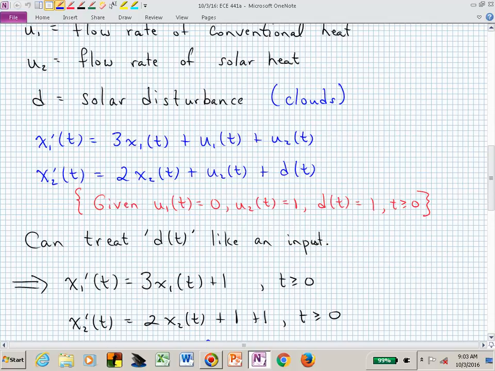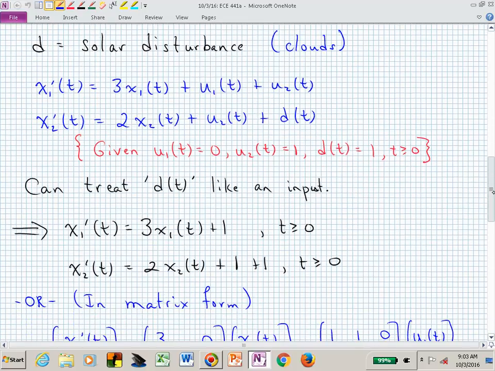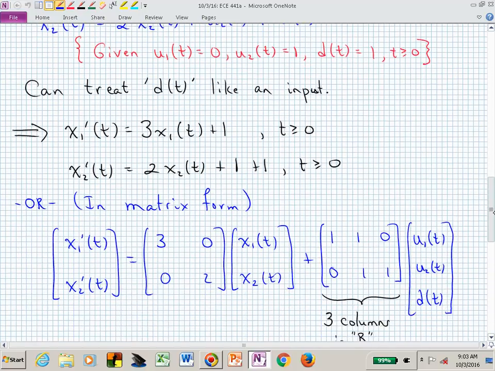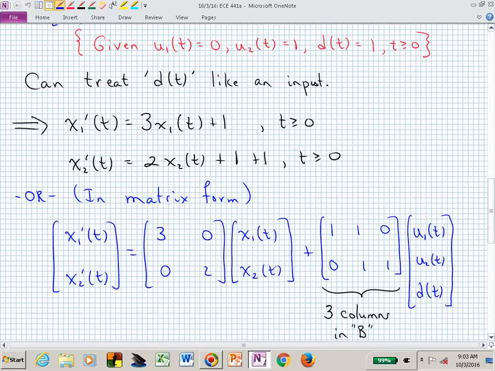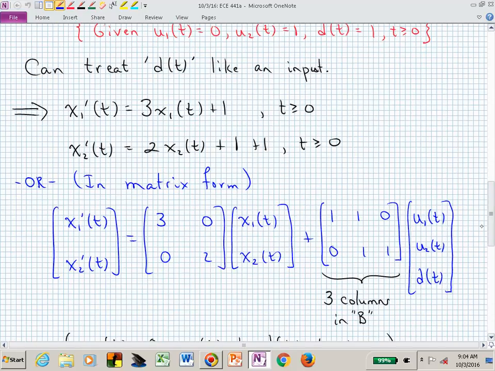And in x sub 2, we have the 1 from the second input and the 1 from the disturbance, which you could collapse into just a 2 if you wanted to, driving the second equation. You could also put that in matrix form, and in this case, our input matrix now has 3 columns to account for the inputs u sub 1, u sub 2, and the disturbance d.